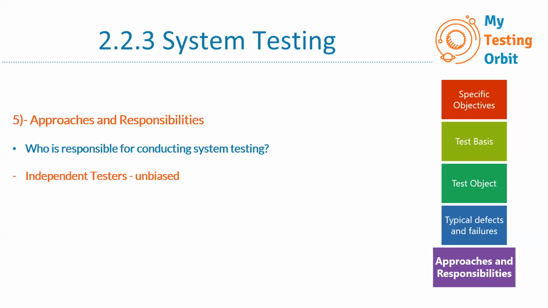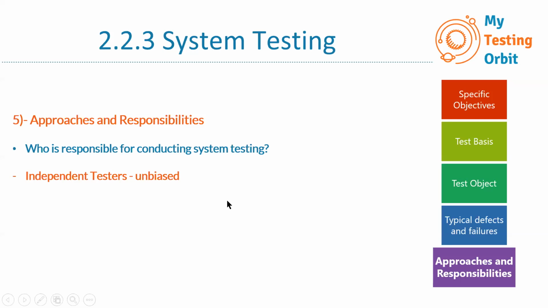Next, the last one we will cover is approaches and responsibilities. So we know that at component testing, it's mainly the developers' job to do that kind of testing. Integration testing, we also covered that, that we have two sub-levels in integration testing. The component one is done by developers, and the system one is done by testers.